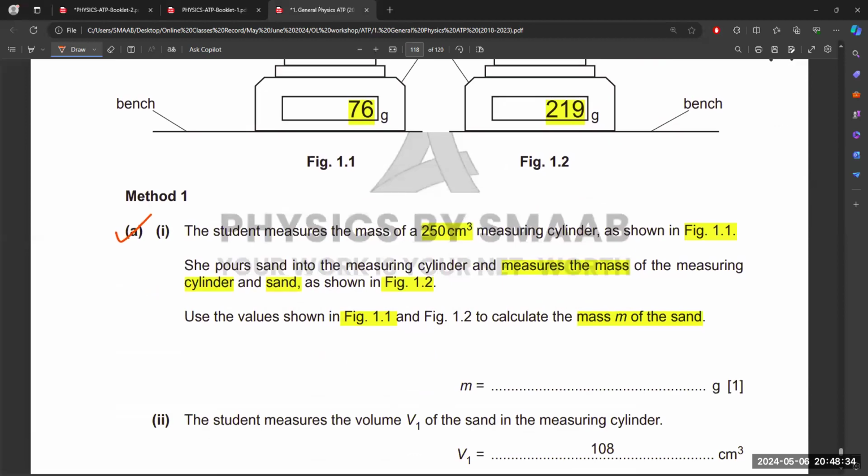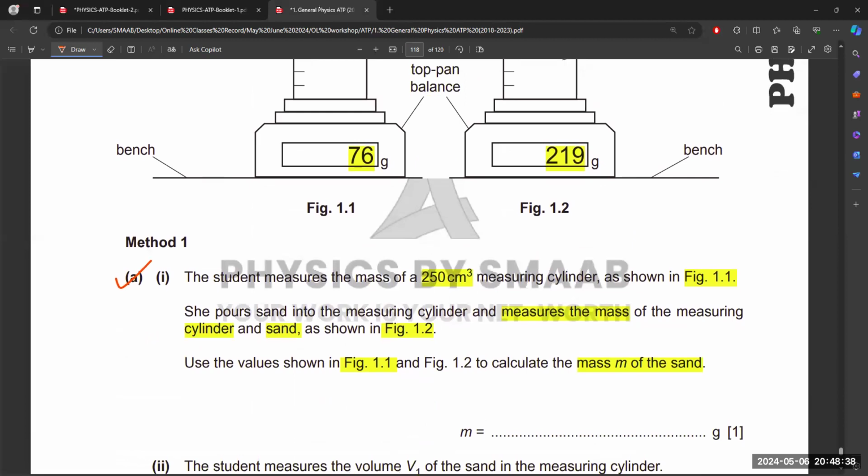And they are asking about the mass of sand only. So what is the mass of sand? 143, right? Because 219 minus 76 is 143. And you can see the SI unit is already given, right?